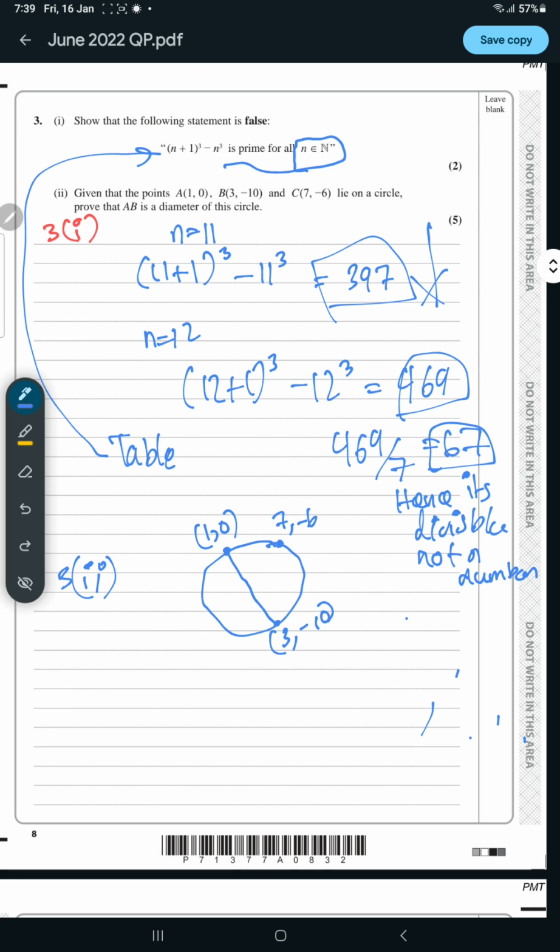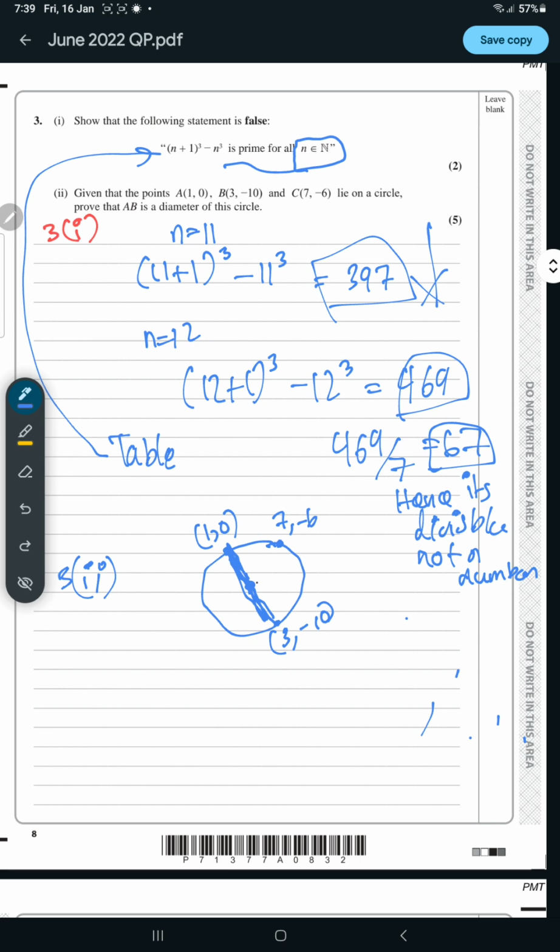And how can we know if it is a diameter? Well, we can find the midpoint of AB, which would be the centre of the circle. The distance from the centre to the edge of the circle, the circumference, is the radius, and if we double that, we get the diameter.